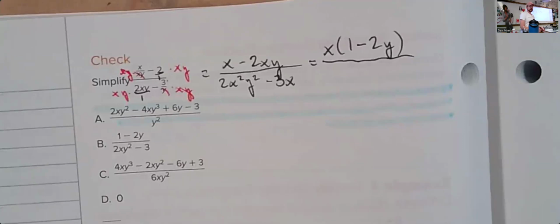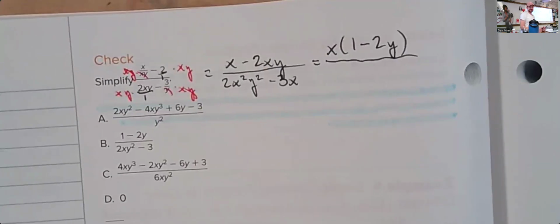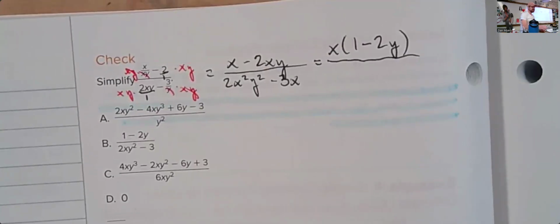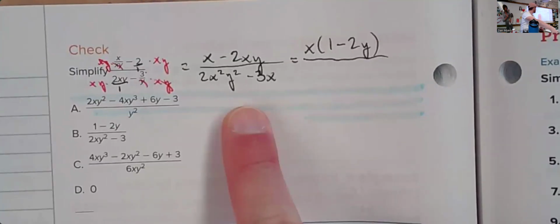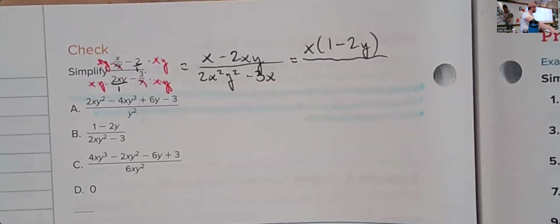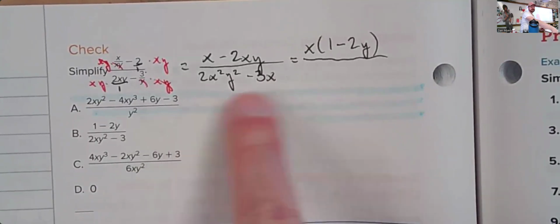On the denominator, Hudson, have a look at the denominator for me real quick. Is there a common factor down here? What is it? Of those two terms on the denominator, what's our common factor?